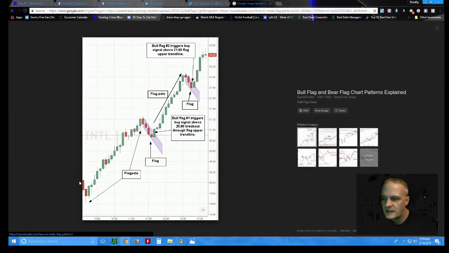Here's an example of the bull flag. So you can see prices trending higher. It hits a channel where it declines and then it breaks out.